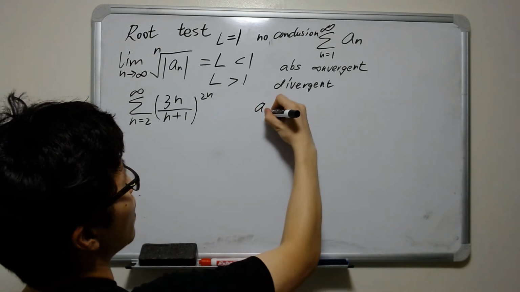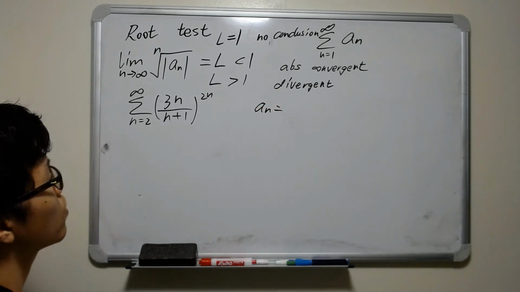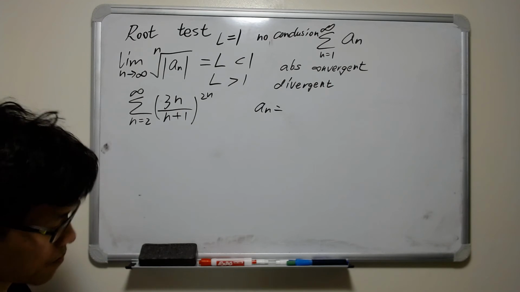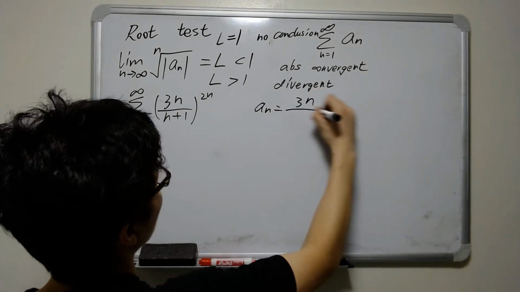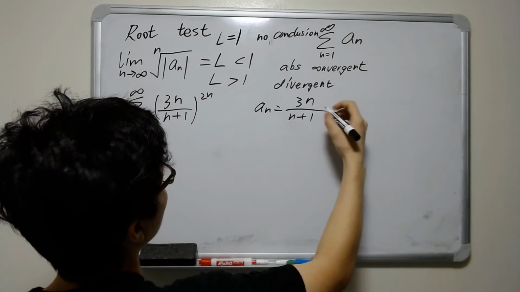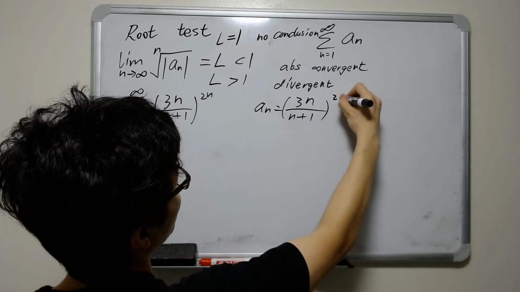So I write this a_n first. So a_n is (3n over n plus 1) to the 2n.